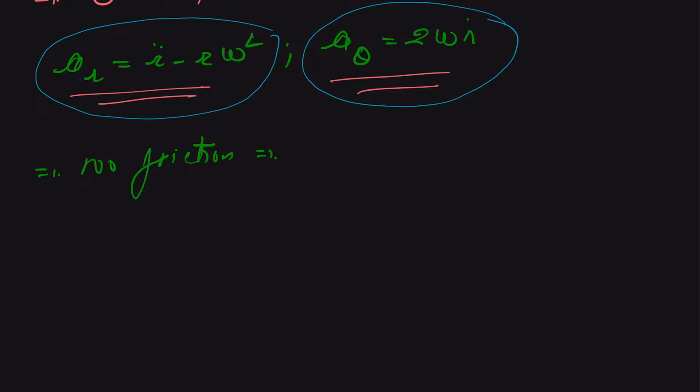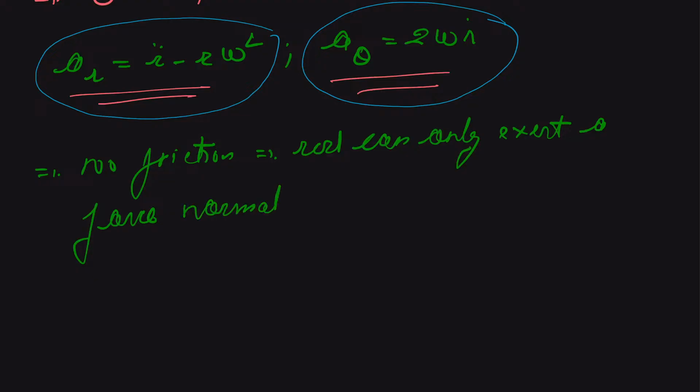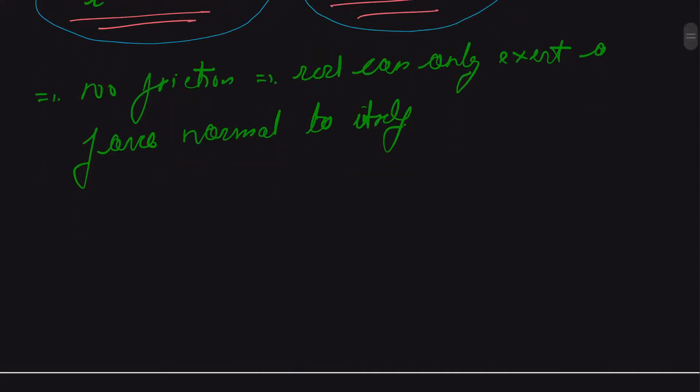Therefore, we can say that the rod can only exert a force normal to itself, or we can say it cannot exert a force along the rod, which is the radial direction.